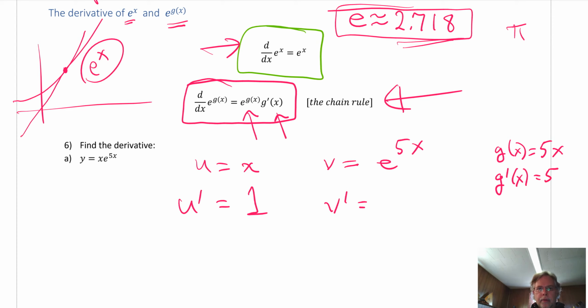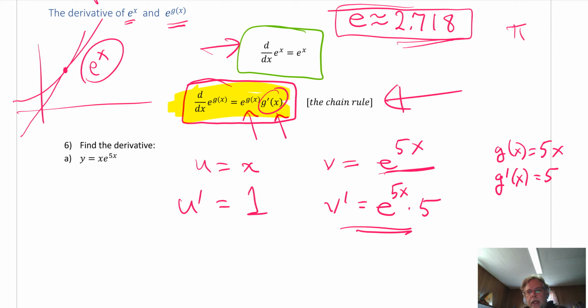So applying this formula, we'll have v prime equals e to the g of x, so e to the 5x, times 5. And that's how things are going to work with e to the g of x always. We have something like v equals e to the 5x, and we need to take the derivative, find v prime. We'll write e to the 5x, copy it as is, times the derivative of the expression in the exponent here.